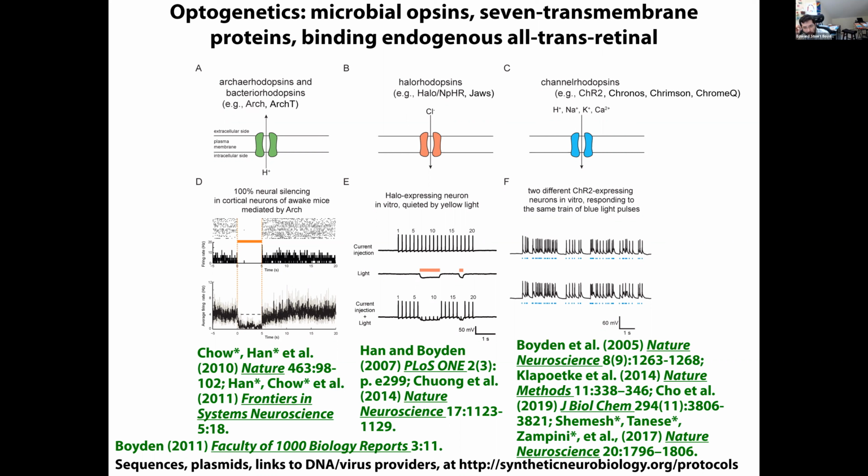But what we worked on was to try to make these molecules reach their physical limits of performance. So for example, Amy Truong, when she was a grad student in my group, worked on having red light turn neurons off. Red light, after all, goes deeper in the brain and body than other colors of visible light. And Nathan Klapoetke worked on a light-driven ion channel that could be driven by red light.